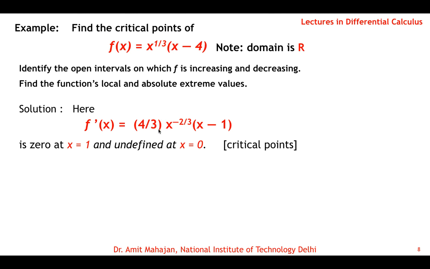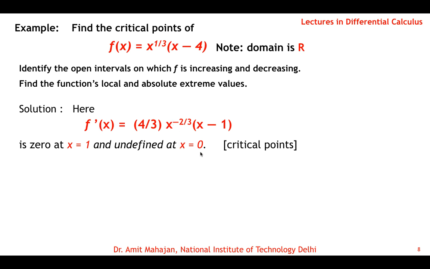Now the critical points will be those points of the domain at which either the derivative is 0 or undefined. So here x is equal to 1 is a point which will make this derivative 0. So x is equal to 1 is a critical point, and also x is equal to 0 is a point which will make this derivative undefined.